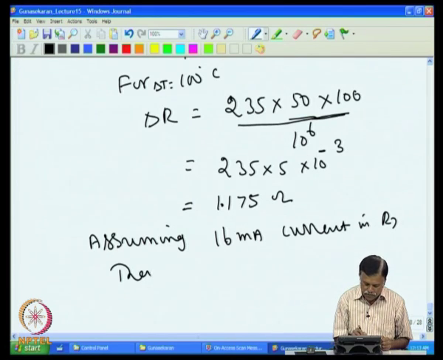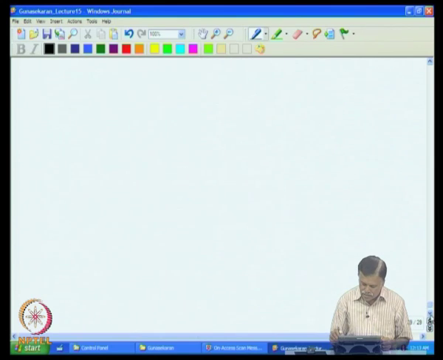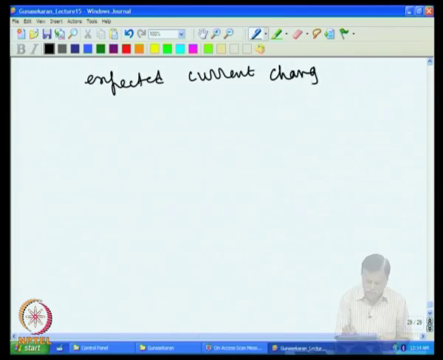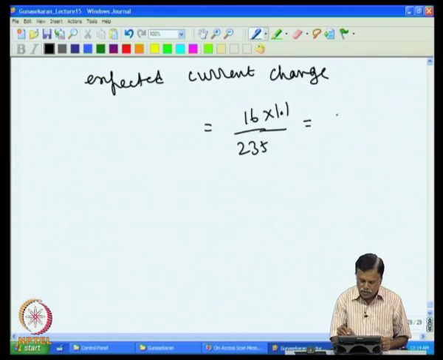Then for a 1.175 ohm change, the expected current change would be 16 divided by 235 into 1.1 ohms. That will be roughly about 17.6 divided by 235.